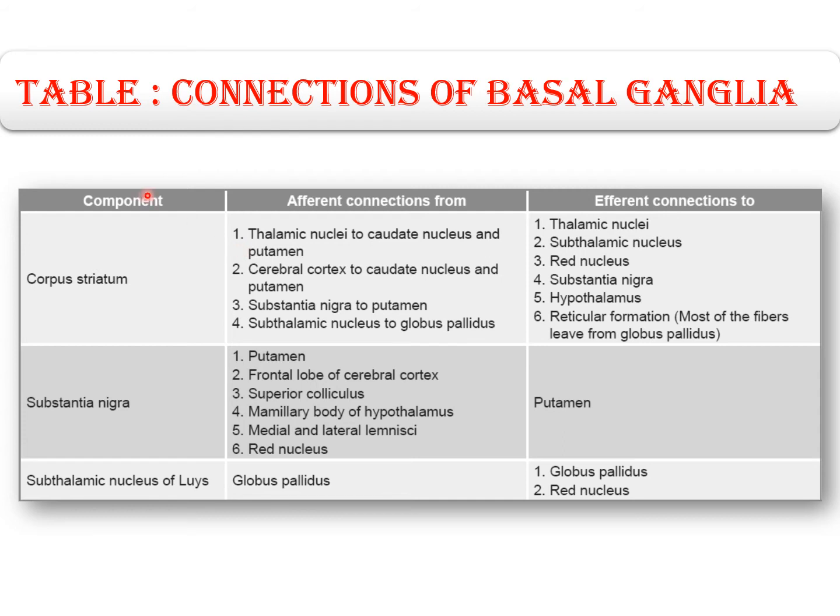Now we discuss the connections of the basal ganglia. The basal ganglia include the corpus striatum, substantia nigra, and subthalamic nucleus of Luys.